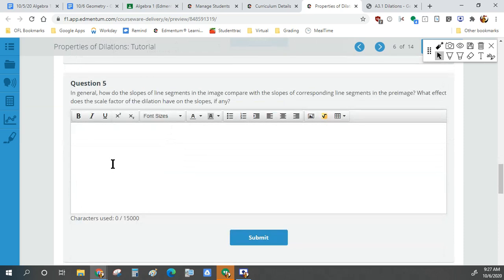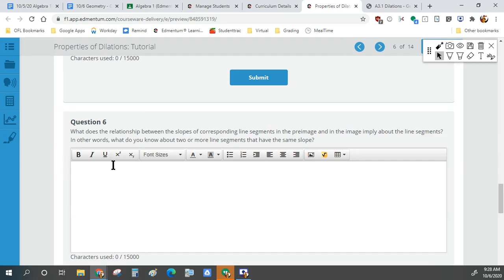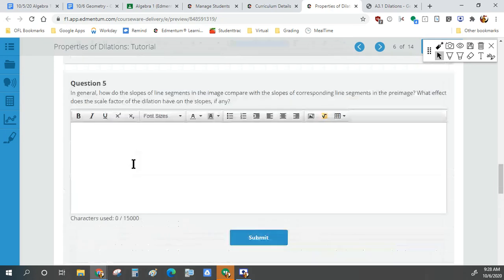In general, how do the slopes of the line segments compare corresponding to the line segments of the pre-image? Is there any difference? So we're just going to say the slopes are the same after dilation. So after dilation, the slopes remain the same. What effect?